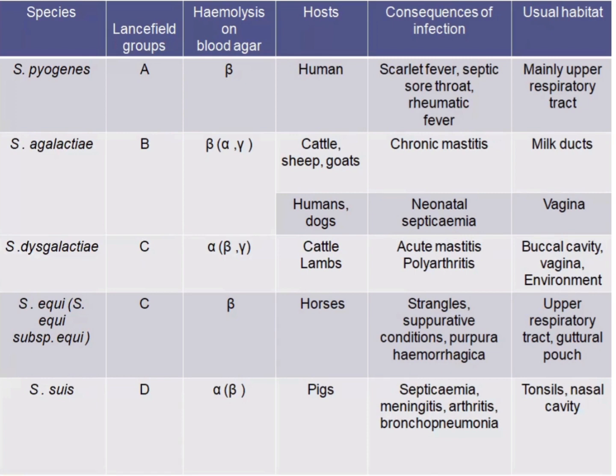So these are the Lancefield groupings of the streptococci, the different species and their hemolysis, the hosts of the respective species, the consequences of the disease or infectious condition, and also the usual habitat of these bacteria in the different animals.